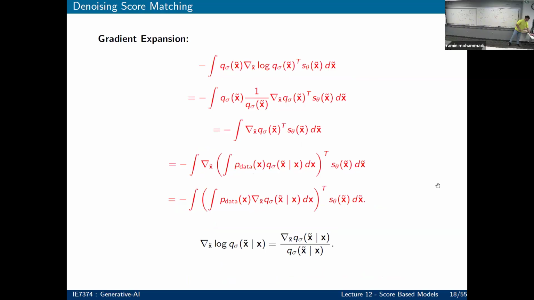The gradient of the log becomes 1 over the value times the gradient, and the Q's cancel each other. You come to this term. Now here, the gradient of Q with respect to noisy X bar, this term is equal to this term.